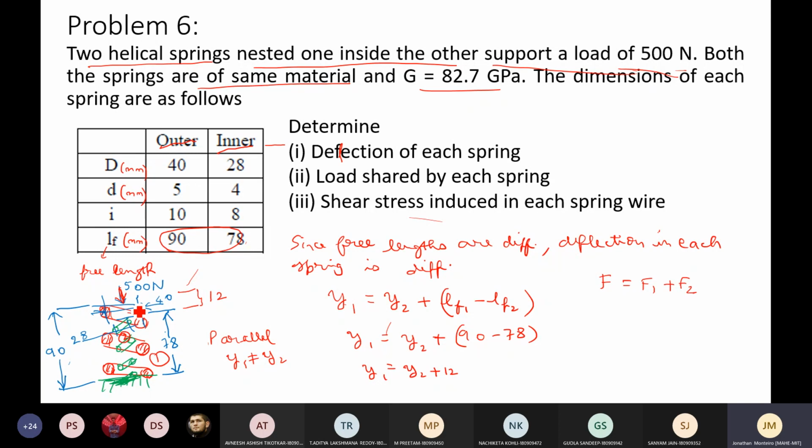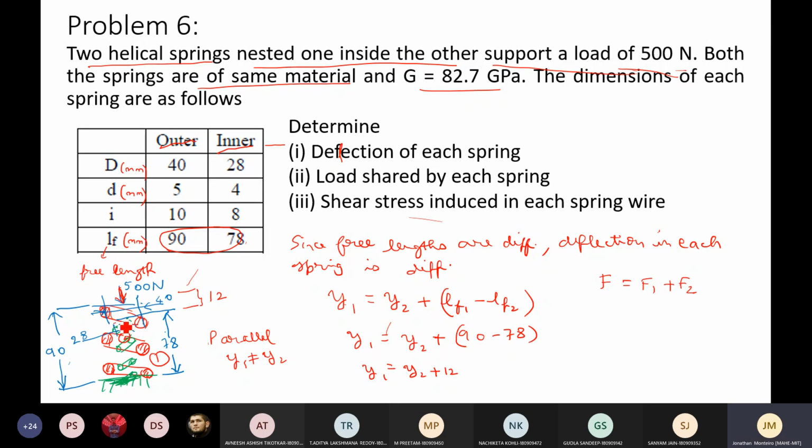In the beginning, when the compression starts, only the outer spring, being of a higher free length, will take part in the compression process without even touching the inner spring. It starts from the free length of 90, compresses to 89, 88 and so on, and until it reaches 78 there is no contact with the inner spring.